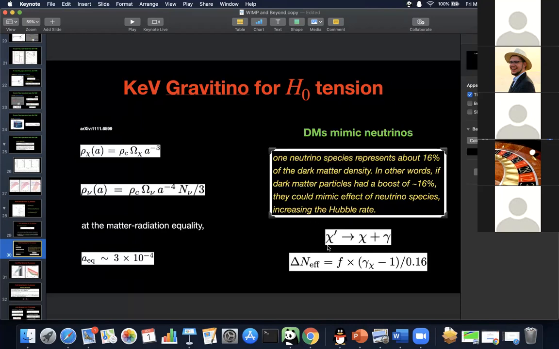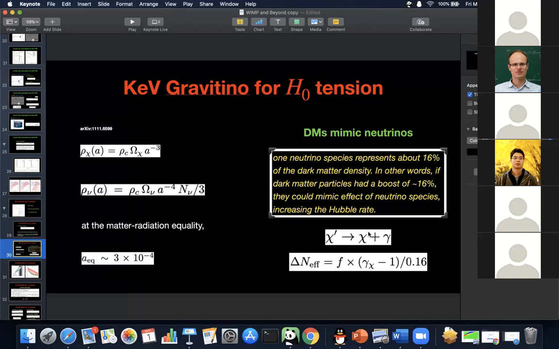It looks like this: a heavier particle decays to dark matter plus a photon, and if the dark matter is highly boosted, we can treat it as almost massless particles. It will mimic the neutrinos. That will affect the effective number of neutrinos, and this can be described by this form.